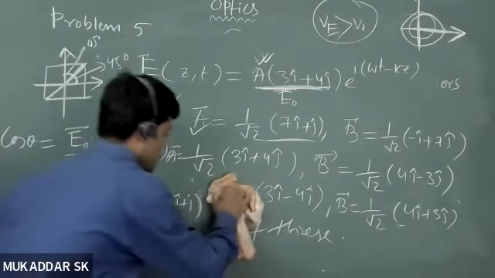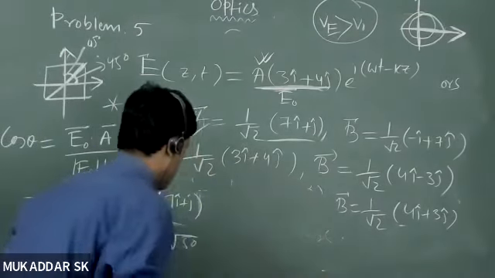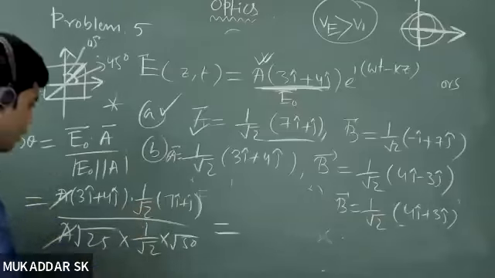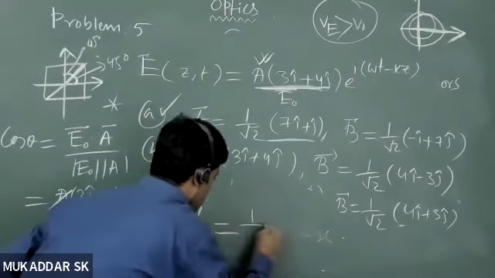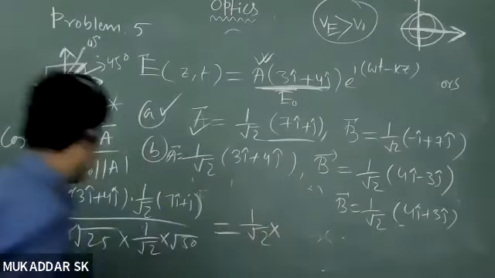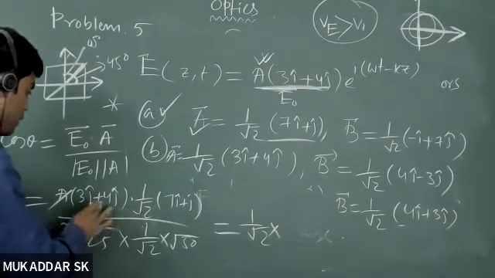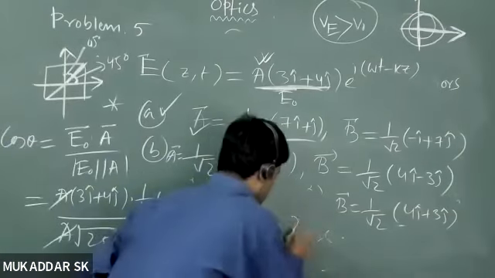Okay. So if you calculate this value, how much you are getting? Can you please check? So this a will be cancelled. Okay. 1 by root 2 you have in the numerator, and 3 into 7, 21 plus 4, 25.